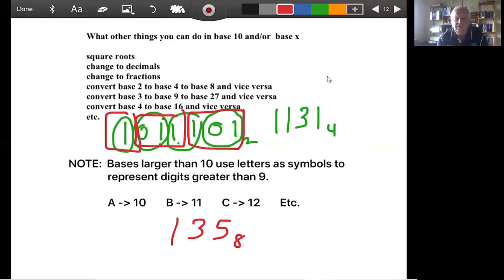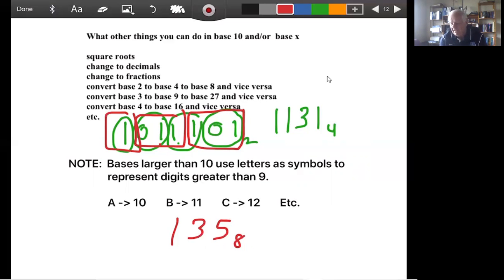Now, somewhere along the line, bases get larger than 10. For example, base 11. Well, you can't put a digit 10 in base 11, so they have to have a different terminology. So they use letters as symbols. A refers to the digit 10, B refers to the digit 11, C to the digit 12, and so on.